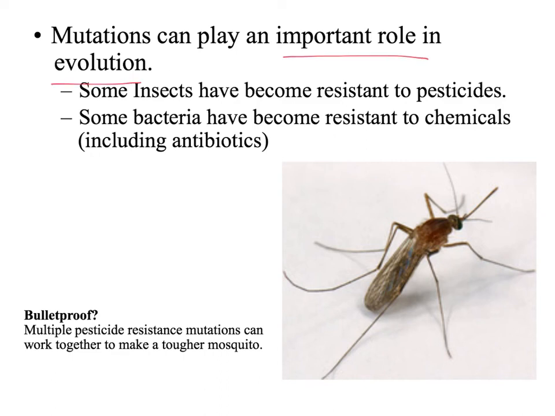If we think about our lovely insects, many of them have become resistant to different pesticides that we put on fields. So we need to continue to refine and develop new pesticides and herbicides because there are mutations, and then those become favored in a population because they make it so our pests aren't killed off by our pesticides. And then we've also talked about in our cells unit with bacteria that some bacteria have become resistant to chemicals, especially antibiotics.